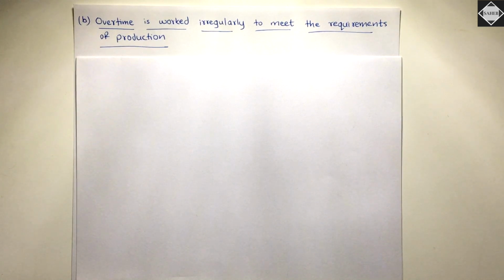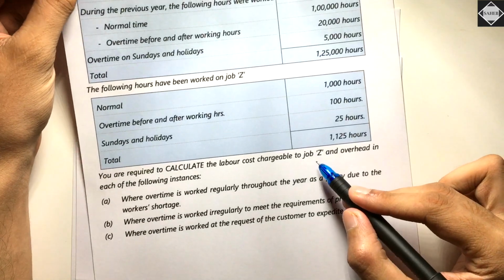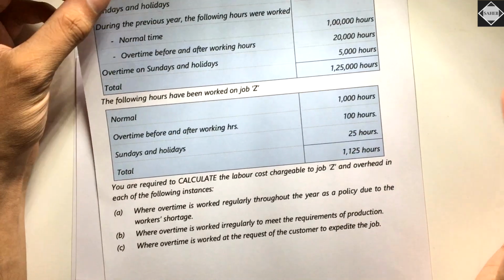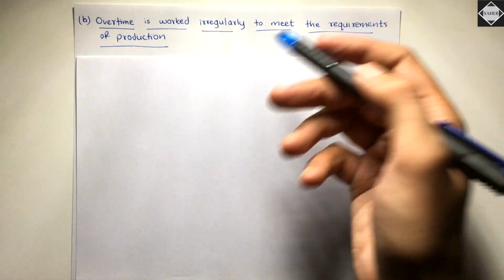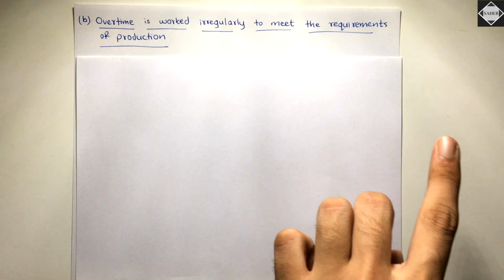So that means you also need to understand what will be charged to job Z, because on job Z we have done overtime. But you have to understand the case is it is because of what? Irregularly to meet the requirements of production, right? So that's why overtime premium will be charged to factory overhead.